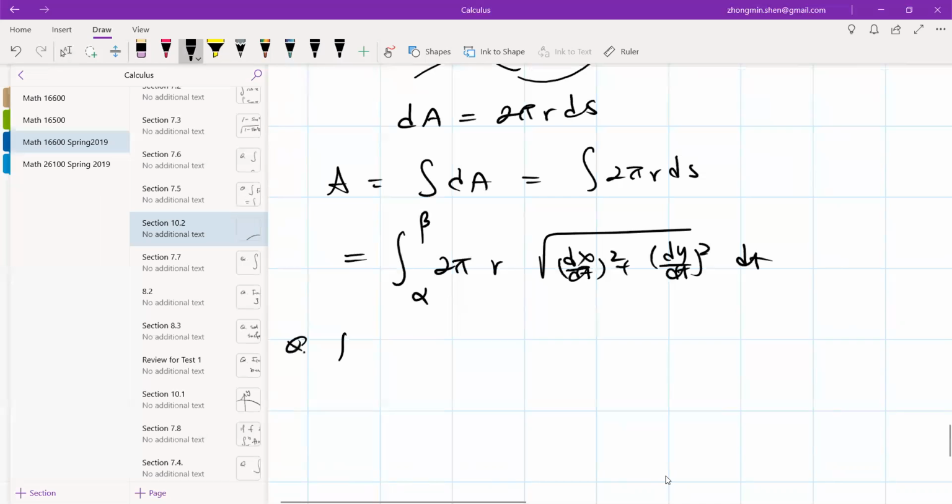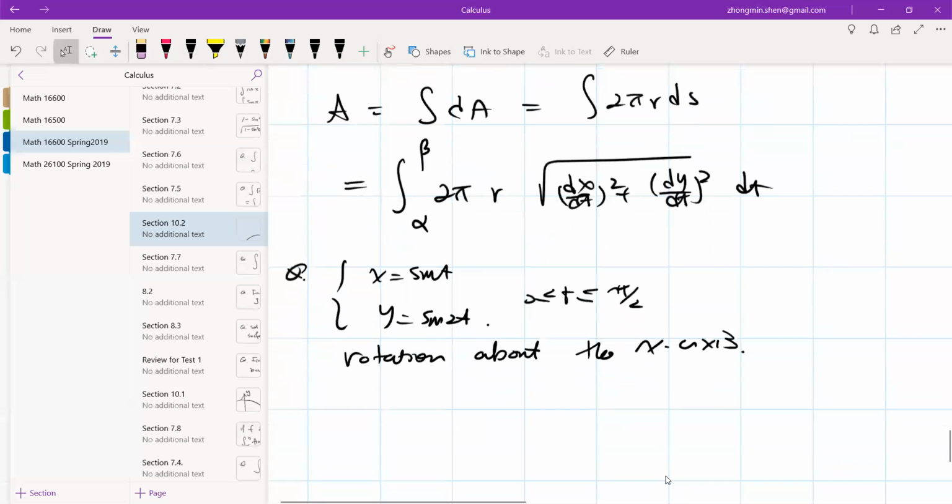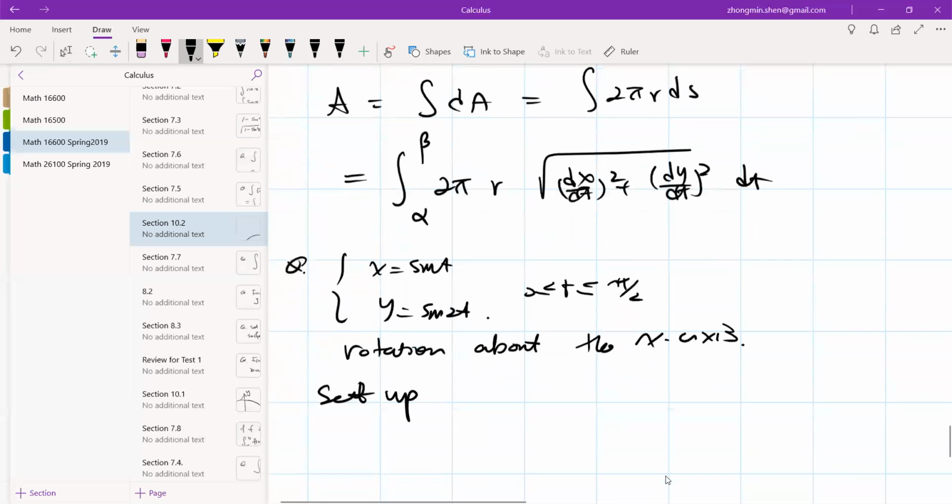So the curve is given by x equals sine t, y equals sine 2t, t is between 0 and pi over 2. The rotation is about the x-axis. Set up an integral for the area of that surface.